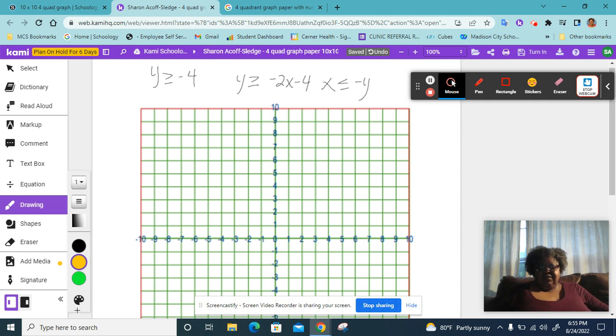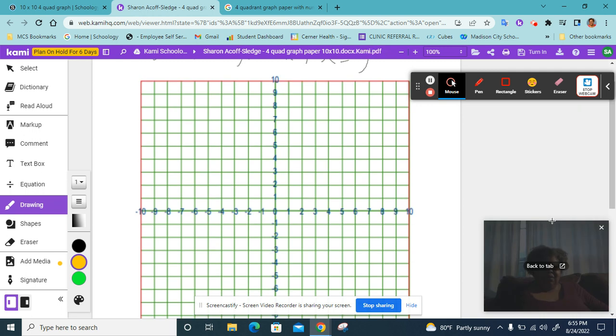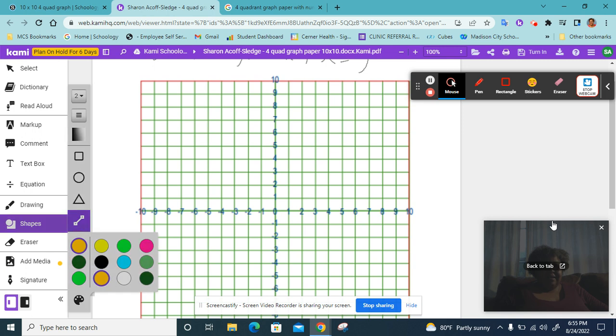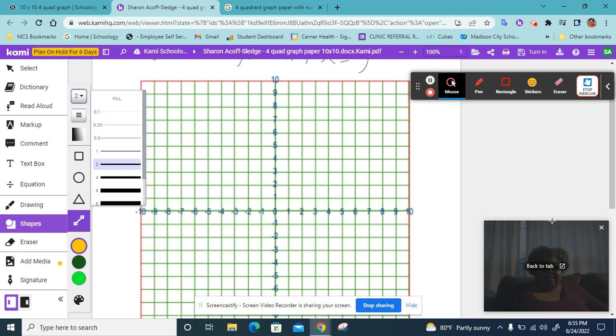Y is greater than or equal to -4. So here is -4. We're going to graph a yellow line at y equals -4.